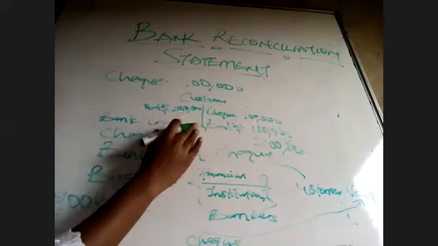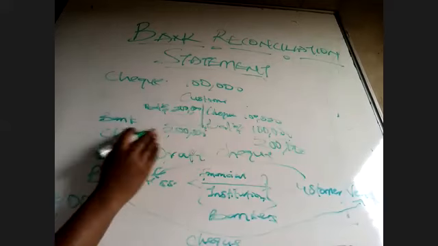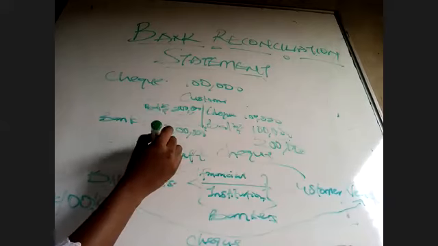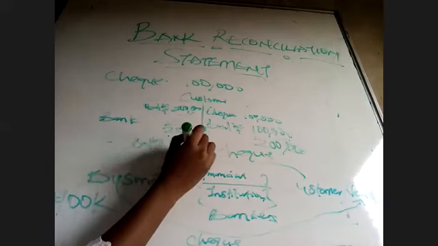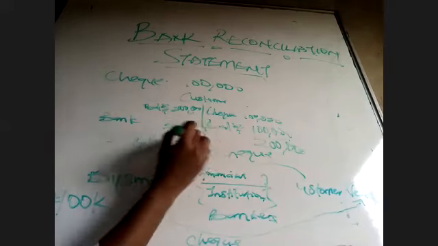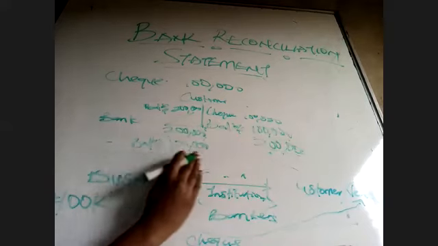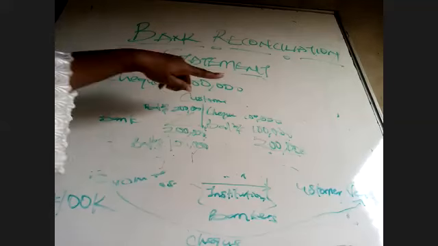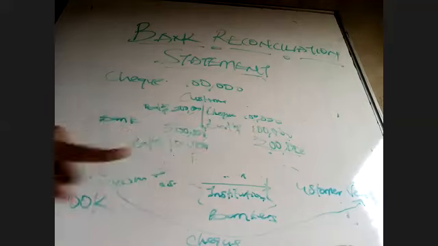I'm sure we still remember how we close our accounts. Then we come down here and say our balance brought down is 100,000 naira. So look at it in this instance: to the business, I'm not owing this customer 200,000 anymore. I've issued a check of 100,000, but the amount I'm owing is just 100,000.